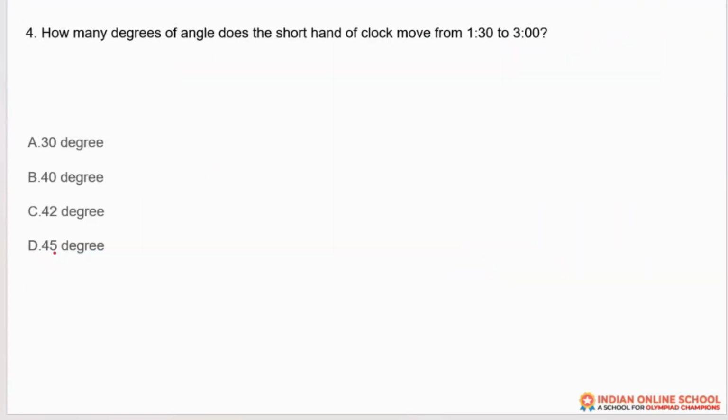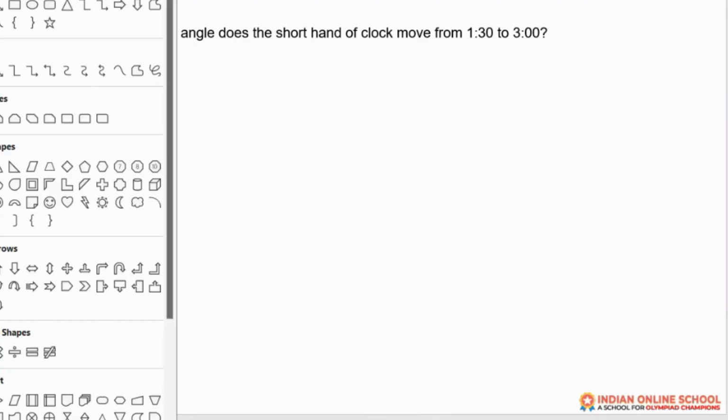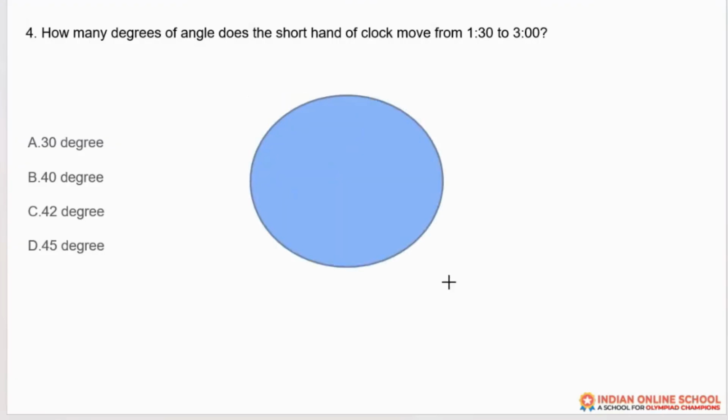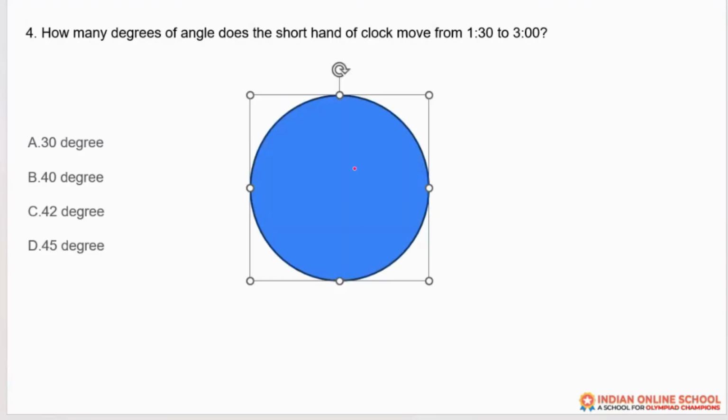Coming to the next question, the fourth one. How many degrees of angle does the short hand of a clock move from 1:30 to 3:30? Yes. So here we have a clock, okay? Suppose that we have a clock here.